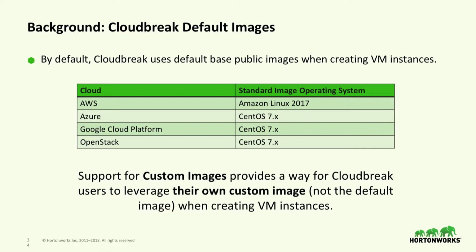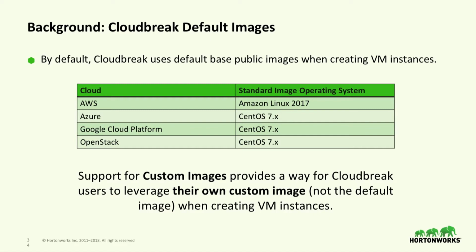We are providing these standard operating system images for all the cloud providers. So we are going with Amazon Linux in AWS and CentOS for all the other providers. And yeah, this is a reasonable choice for, I don't know, half of our customers. But what if it's not?